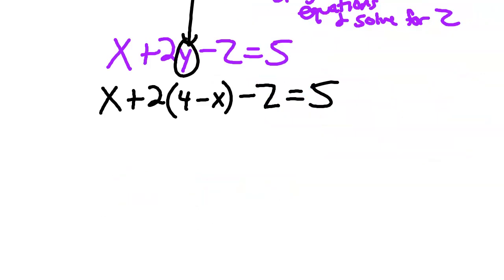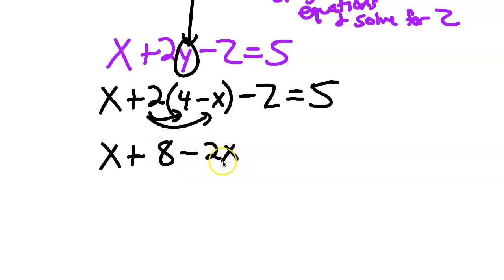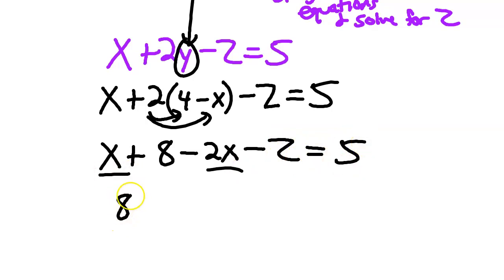So what we're going to do is distribute the 2. We get x plus, oh, that's a 4. 8 minus 2x minus z equals 5, right? So I'm distributing the 2. I can combine the x's together, so I get 8 minus x minus z equals 5.